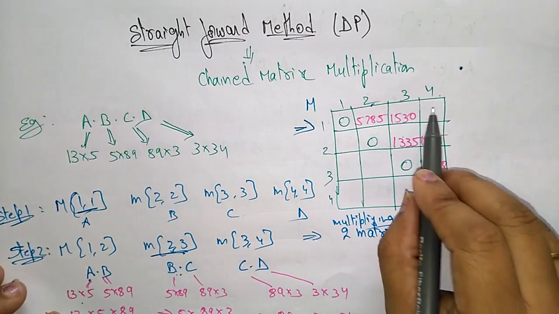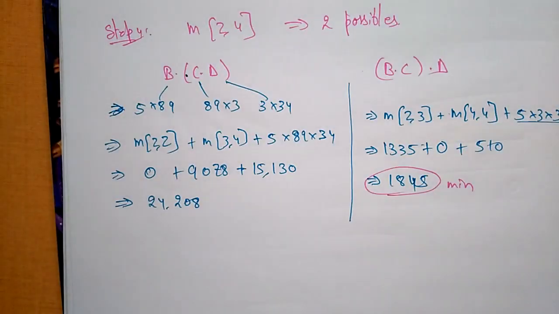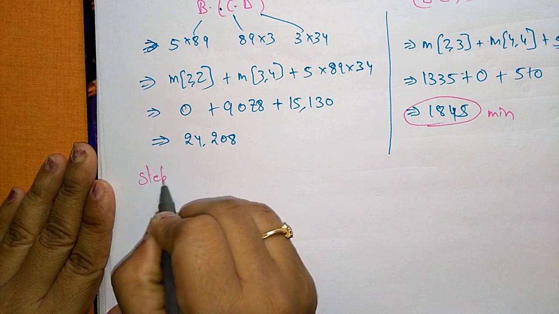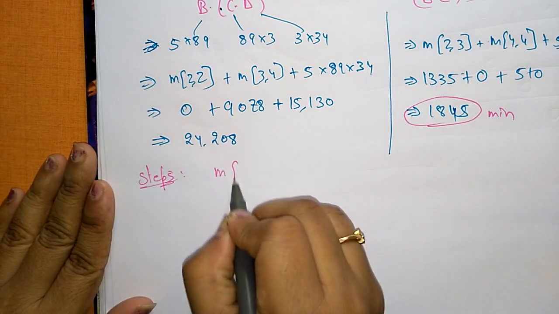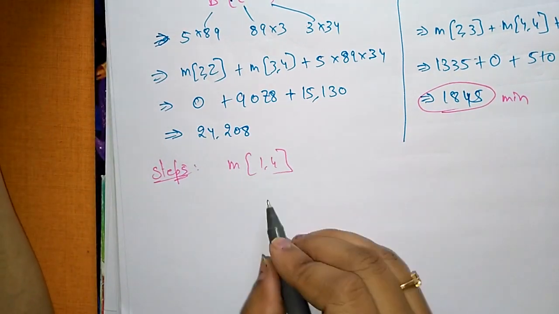Now I have to find out M of 1, 4. So for this, I will apply directly the formula. So let me apply the formula for this, step 5, that is M of 1, 4. So let us take the formula.